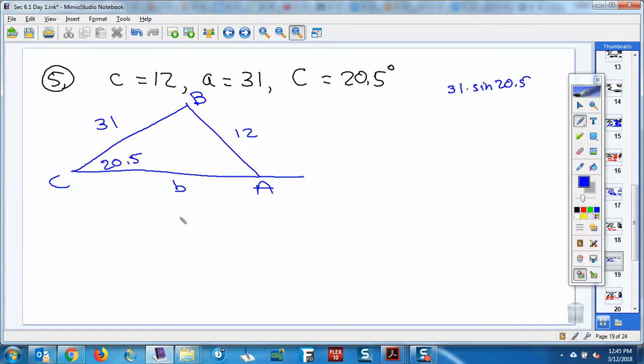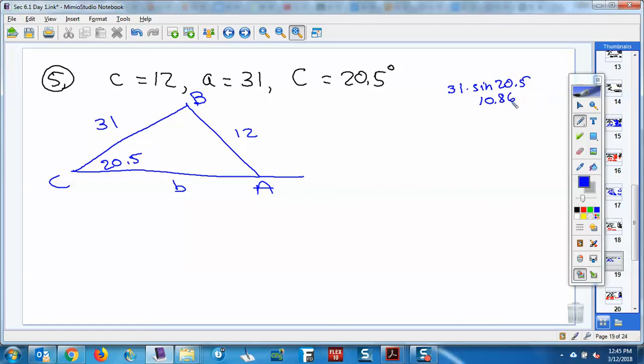And that's to see if it's going to be big enough. Because if it's smaller than that, we know it's just swinging in the breeze and there's no triangle. So we already can narrow down some things. What do you get right there? 10.86. So clearly it's big enough.